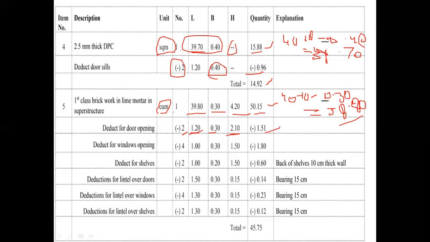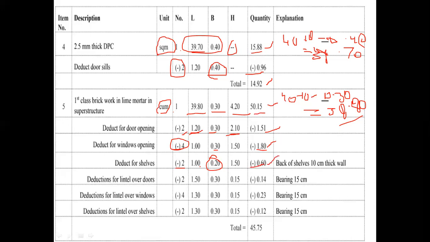Next, window openings, total windows 4, dimension 1 into 1.5, wall thickness 0.3, then 4 into 1 into 0.3 into 1.5, that equals 1.8. Next, shelves, 2 shelves, dimension 1 into 1.5, 10 centimeters thick wall, 2 into 1 into 0.2 into 1.5, that equals 0.106.